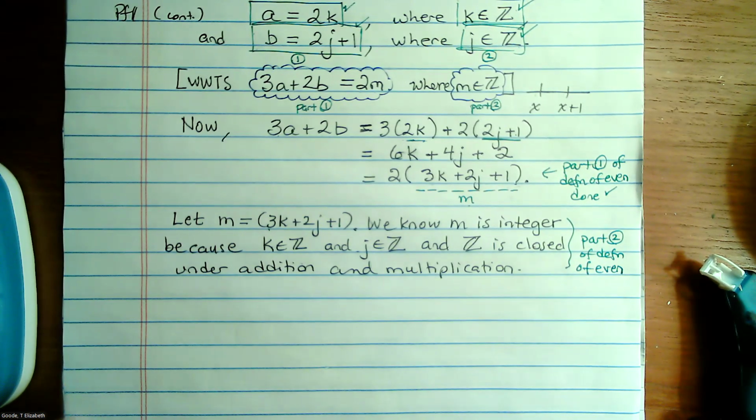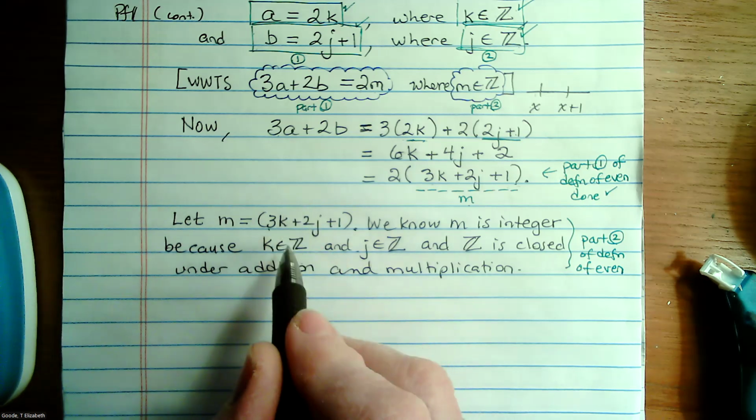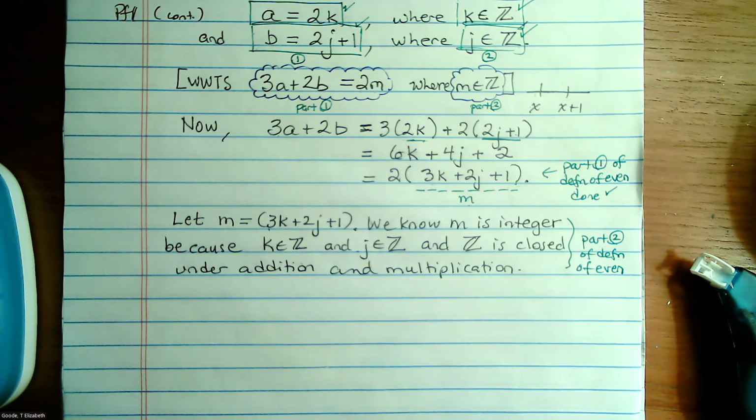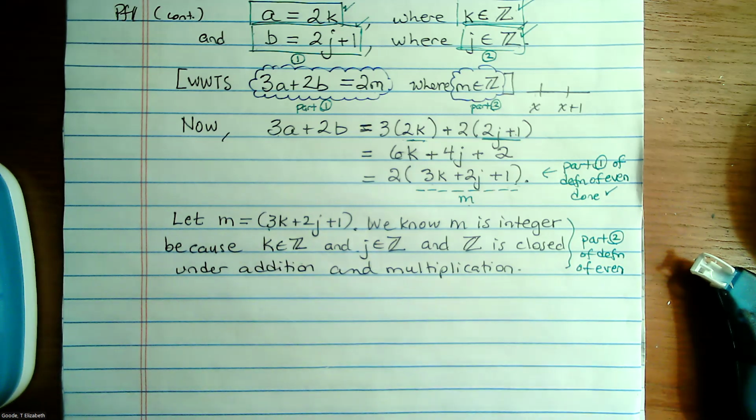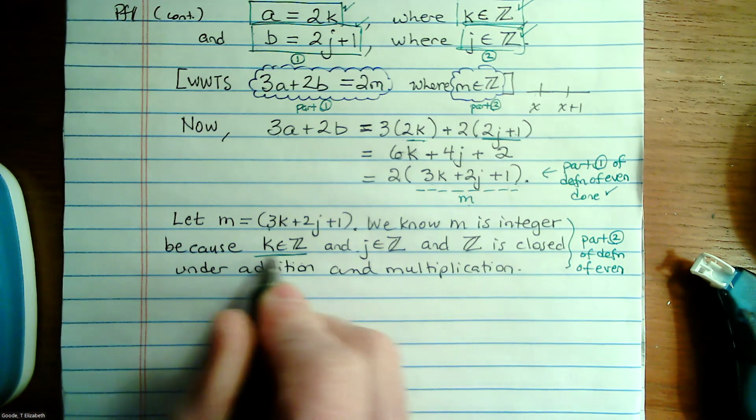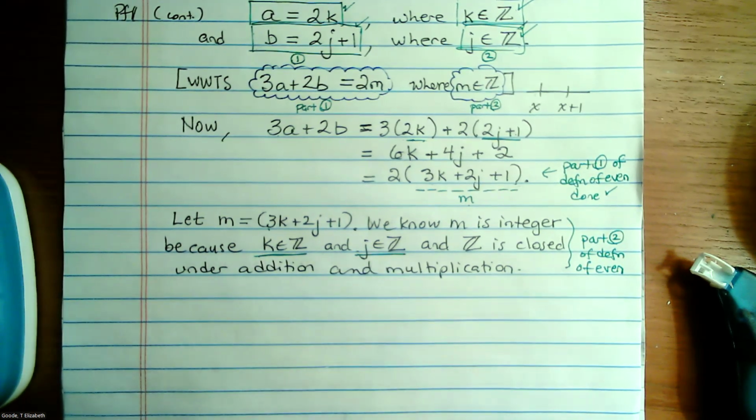I noticed that you pointed out the places where we defined variables, a equals 2k, b equals 2j plus 1. But then you pointed out the specific place where you use those definitions. So you're not just repeating them. You don't have a lot of the same terms written over and over again, like I do, and will correct before I submit. We try not to say the same thing over and over.